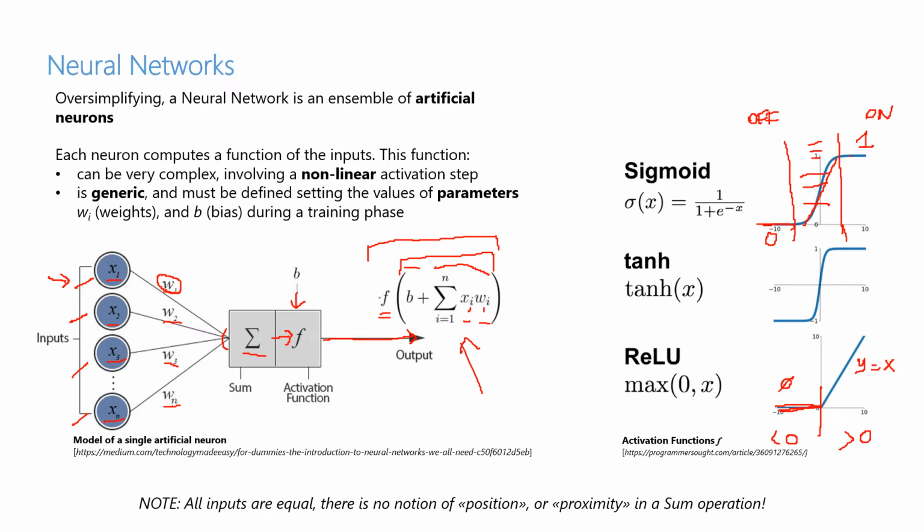All the inputs are equal, and input 2 and 3, for example, are no closer than input 2 and 176, if there is one.